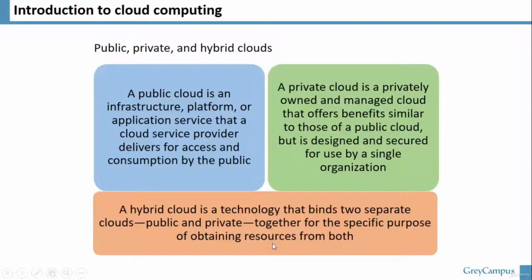Let's move on to understand the three main deployment models of cloud. So cloud computing uses public, private, and hybrid cloud deployment models. Public clouds are infrastructure, platform, or application services that a cloud service provider delivers for access and consumption by multiple organizations.